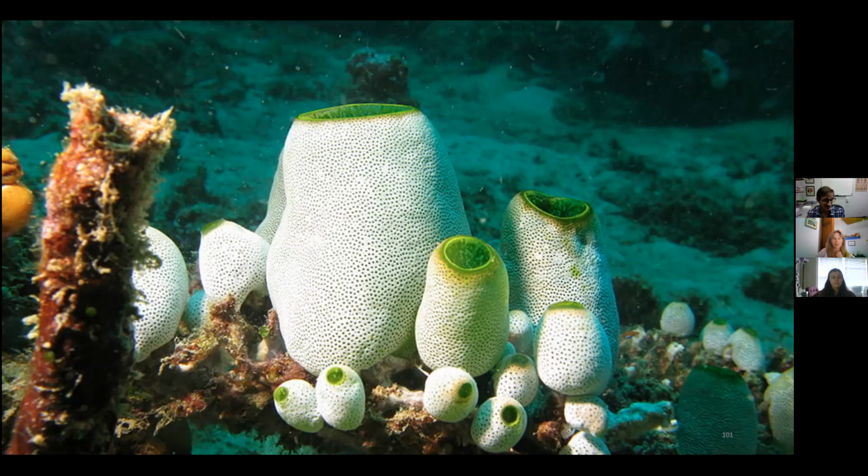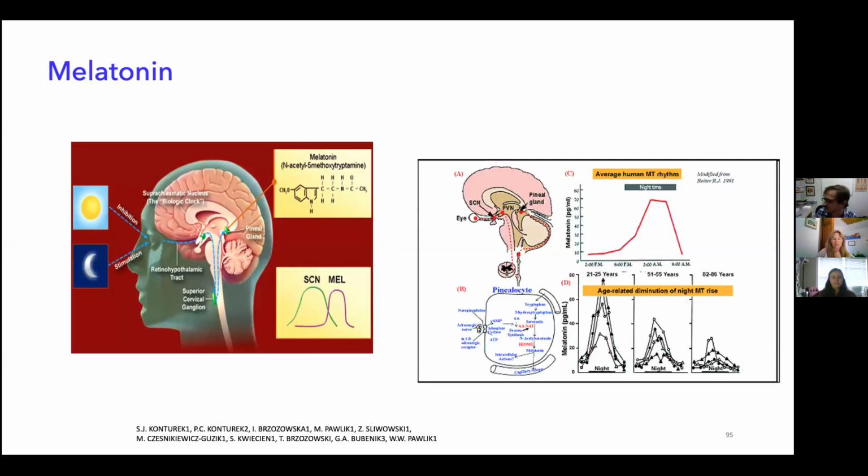How does melatonin affect the sleep-on center? Awesome question. Why does melatonin work? Oh, it works. So for those of you who don't know, melatonin is a chemical that is released by a place in the brain. I think I have a picture of it. There it is. Called the pineal gland.